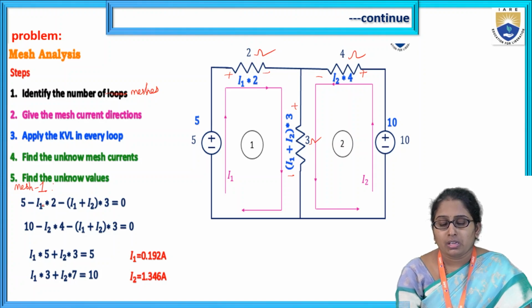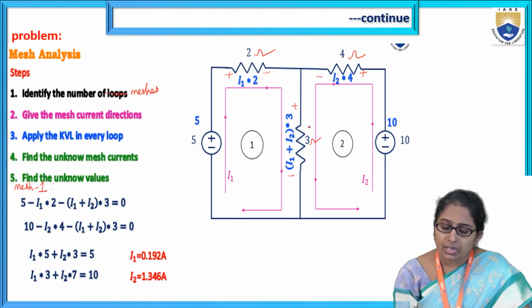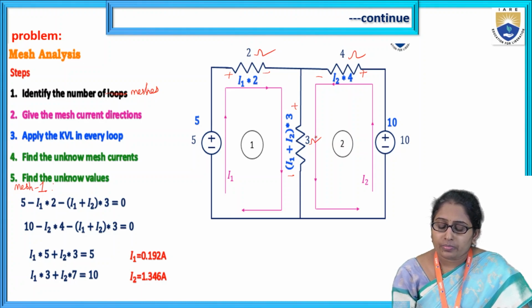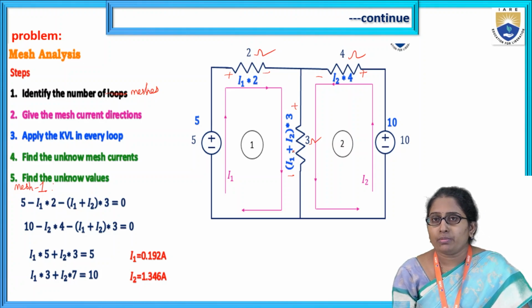That's why minus, so minus 2 I1. Then the next element is the 3 ohm resistor. First look at the sign: current direction I1 is the same as the voltage drop direction, so minus 3 into the current in this 3 ohm resistor.